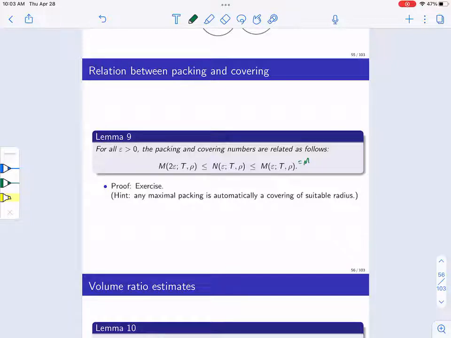So let's say this is epsilon, this is epsilon over 2.